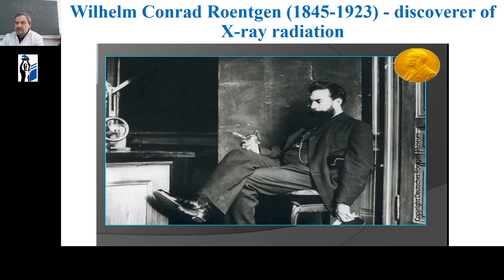This slide shows Wilhelm Conrad Röntgen. He discovered an unknown radiation which he called X-rays. In this photo, he is captured with his invention, a special tube which later became known as the X-ray tube.